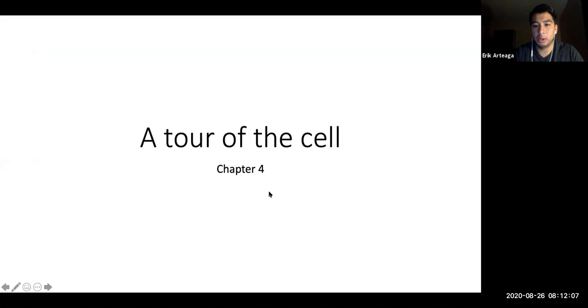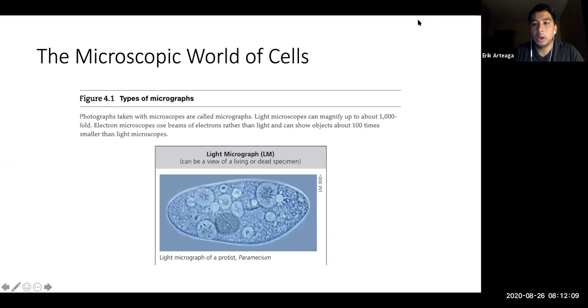All right, so chapter 4, tour of the cell. So it's important to utilize different types of microscopy to visualize cells, right? This is a light micrograph, or just a regular compound light microscope, and this is an image of a eukaryote, okay?